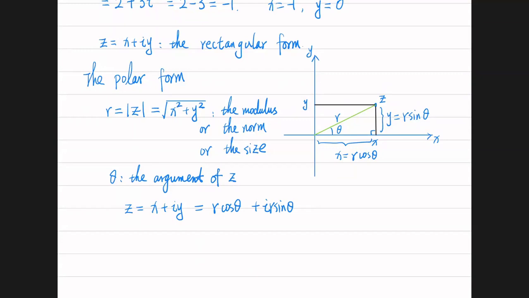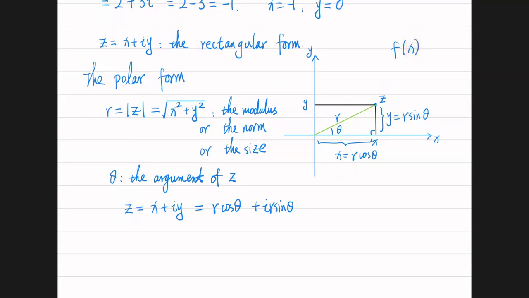So, argument, sometimes we say if you give a function, this is the variable, right?